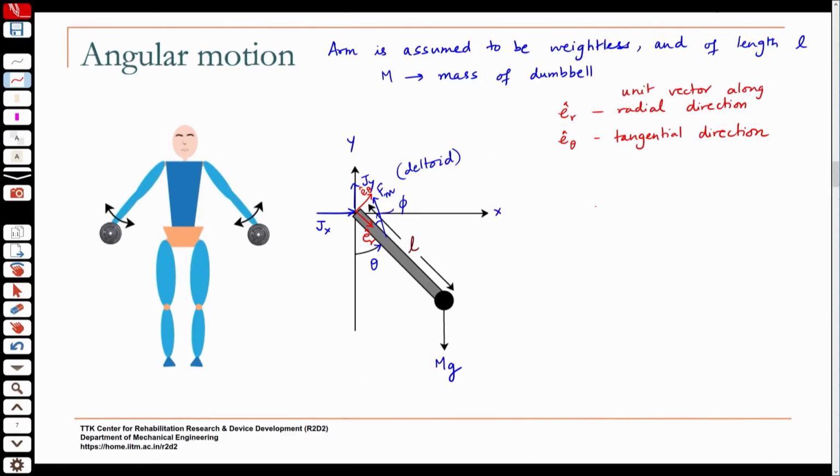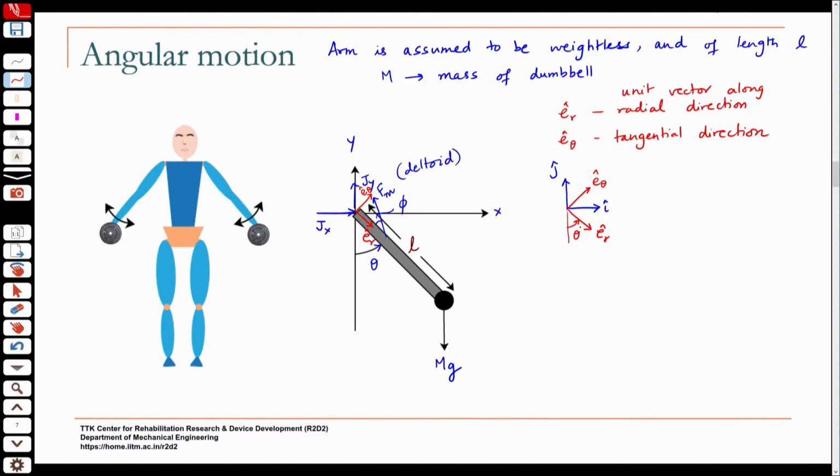The caps denote unit vectors. And these can be related to my coordinate system: if this is i, this is j, then this is Er, this is E theta, and this angle is theta.